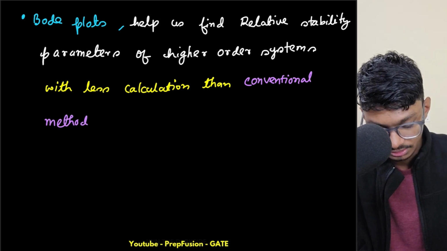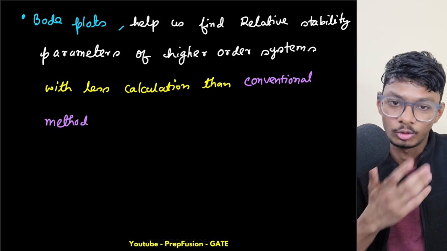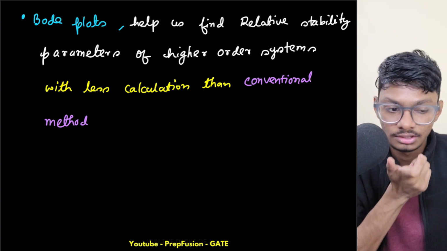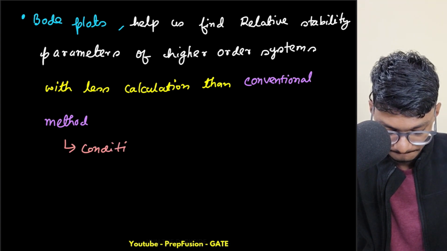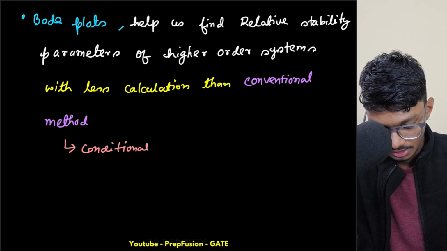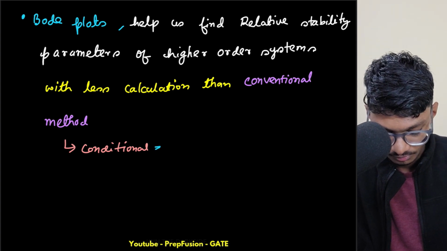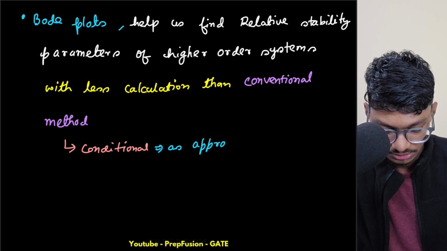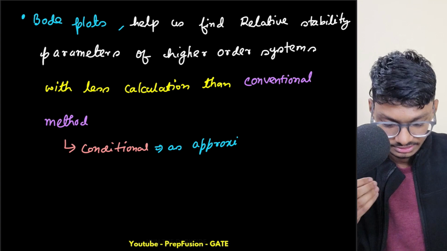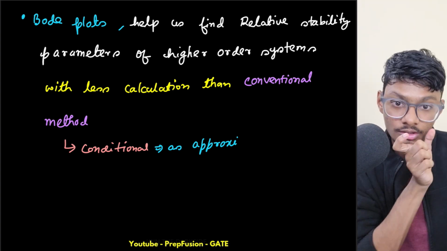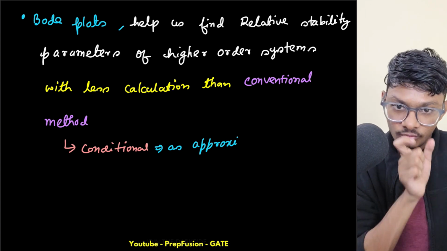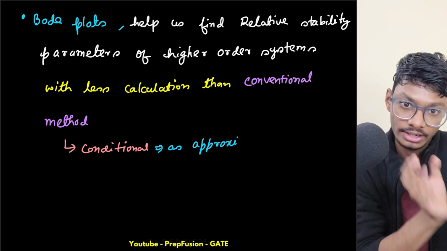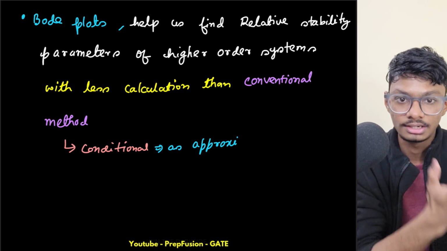But obviously here this is conditional. Why? Because here approximation is involved, so our answer won't be totally exact. But that's the job of us engineers, to make good approximations so that minimum resources are used to find the value, and still we get a good enough approximation to use in a real life scenario.